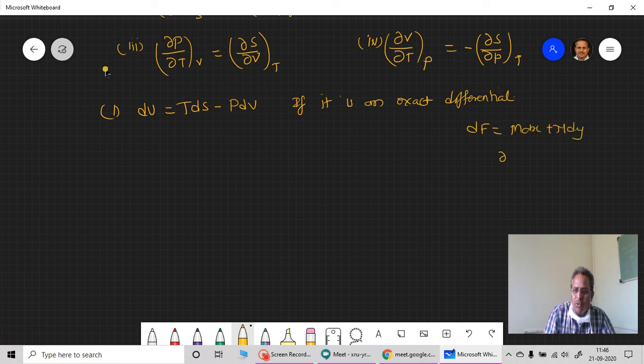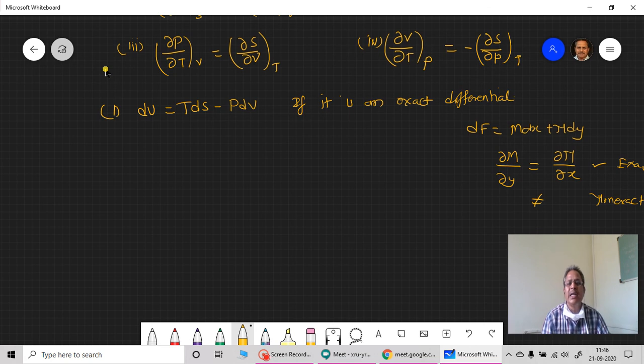So what we have to go for is differential of M with respect to y and differential of N with respect to x. If they are equal, then this is an exact differential. If they are not equal, then it is a non-exact differential. So आपल्याला हे दिलंच आहे, all dU, dH, dF and dG are exact differentials.